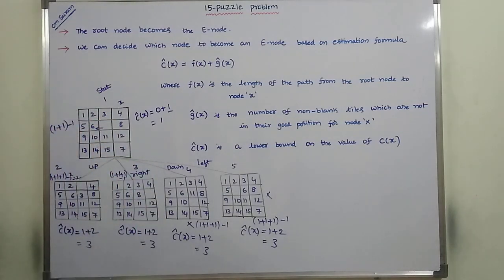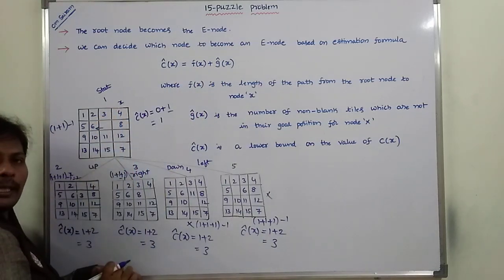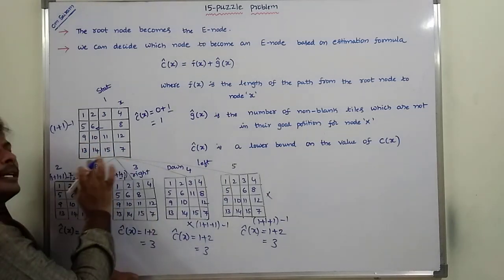So in this way we have to extend the state space tree until we reach the goal position. Up to this point we have calculated the cost. In the next level, what is the f of x value? The length from the root node to the next node at this level. How many edges are there? 2 edges.